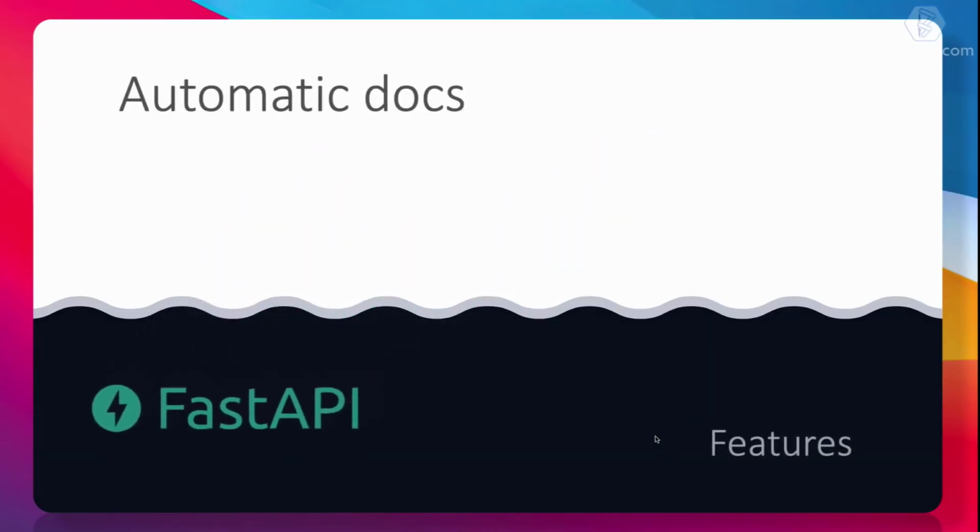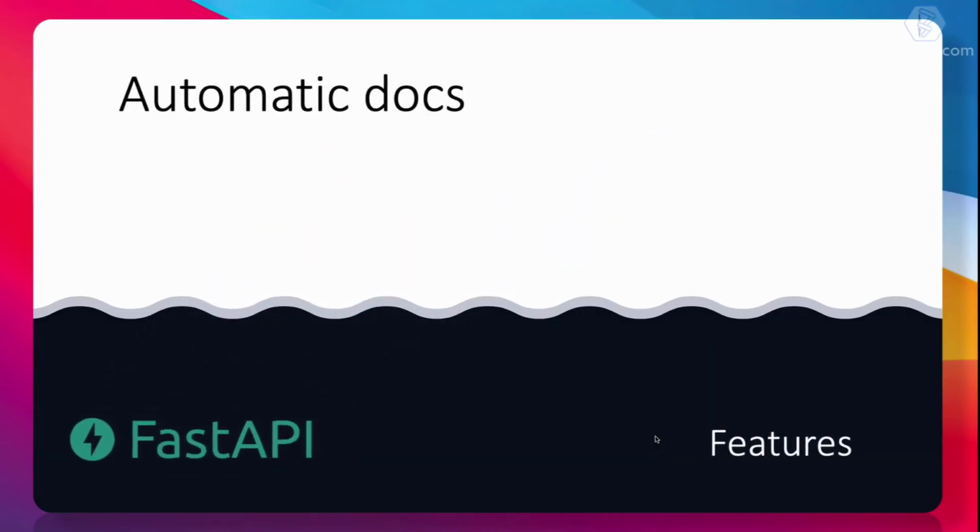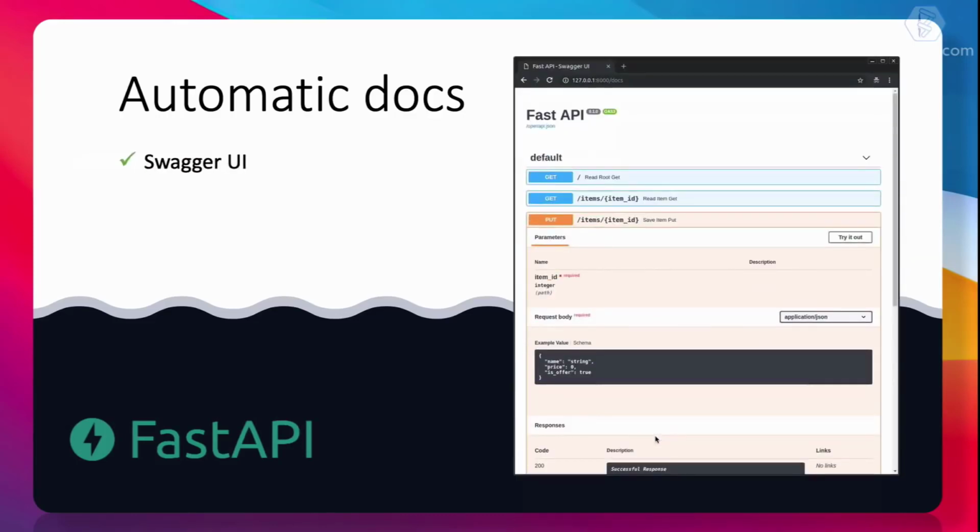First, the best feature I really like is automatic documentation. Whenever you create any API, how are you going to check it? Generally, we use Postman, but that's not a good thing. By default, FastAPI provides you the Swagger UI. This is a very nice UI where you can simply check what routes or API endpoints you have created.